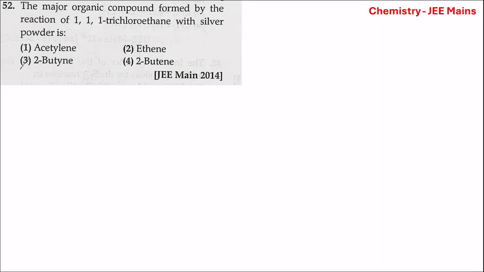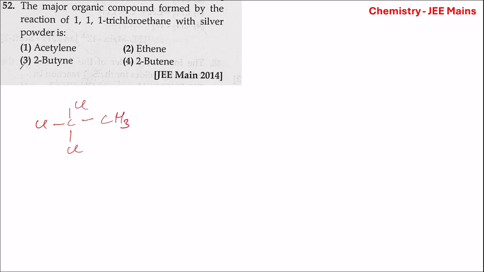Question: the major organic compound formed by the reaction of 1,1,1-trichloroethane with silver powder is, ethane means 2 carbon, and carbon number 1 has 3 chlorine atoms, so 1,1,1-trichloroethane.